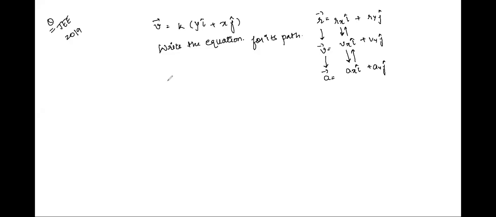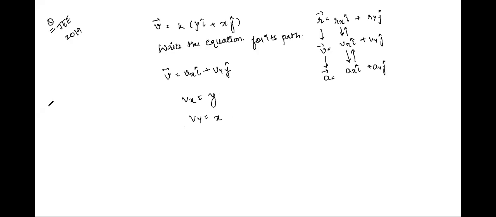So have a look here. We know that V is always given by Vx i cap plus Vy j cap because it's a vector. Vx is the x component. In the question, Vx is given as y, and Vy is given as x. Now, what do you have to do? You have to find the equation. How do you find the equation?